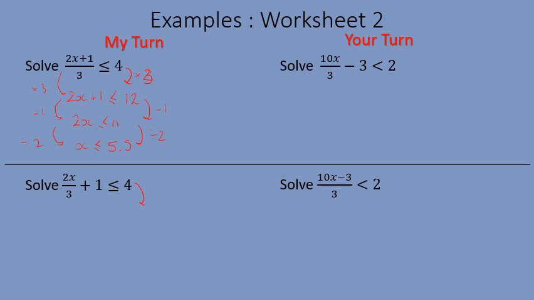So for this one, we need to get rid of the plus 1 to begin with. 2x over 3 is less than or equal to 4 take away 1, which is 3.